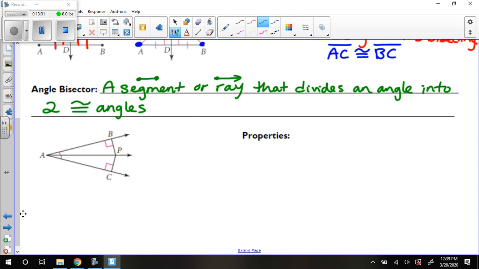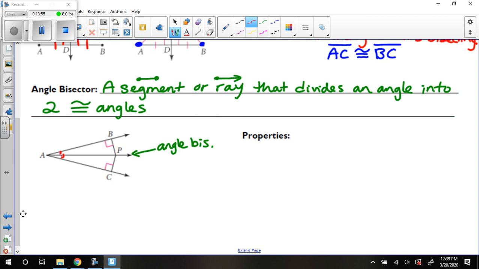Okay, in our picture here, this line is our angle bisector because it is cutting angle BAC in half. I know it's cutting it in half because of these little arcs in pink here.